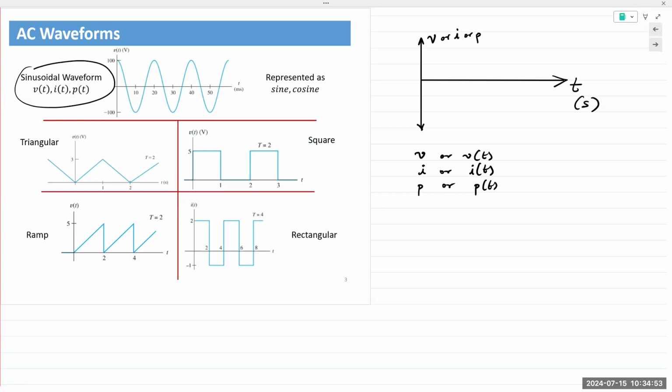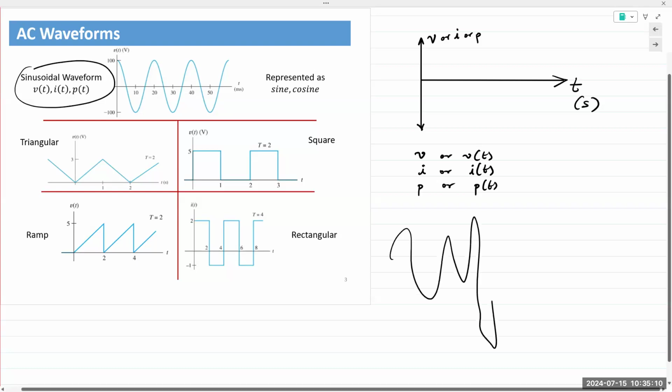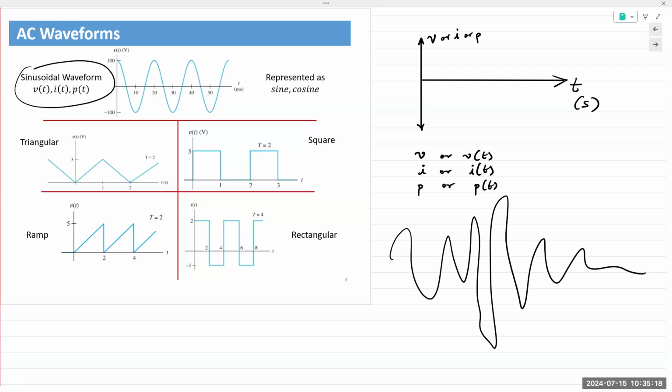As a real life example, this microphone that I'm wearing right now is capturing the sound waves and converting it into electrical signals. The electrical signal, if I plot it or observe it on an oscilloscope, would look something like this. And depending on how high or low my voice goes, the electrical signal will change the frequency and the amplitude.